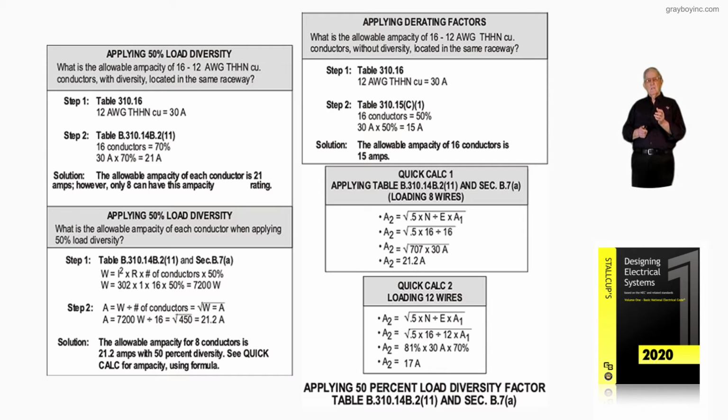But now the quick calc 2, we are loading 12 wires of the 16. So now a new formula is presented, but you got the table and the section that lists this. A2 is equal, in the square root, 0.5 times the number divided by E times A1.